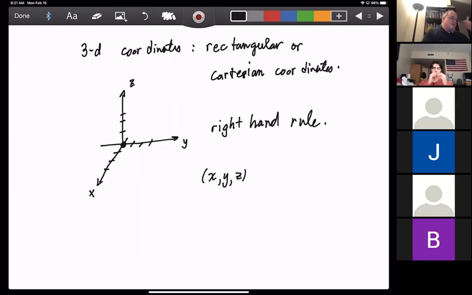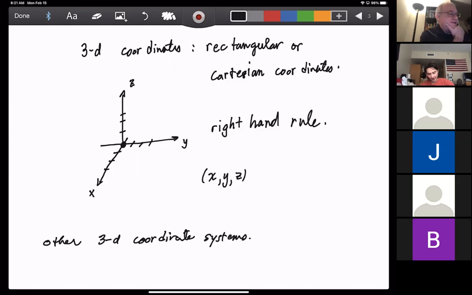Now, we will see later in the course that there are other 3D coordinate systems. There are, in fact, about 10 different 3D coordinate systems that are commonly used.